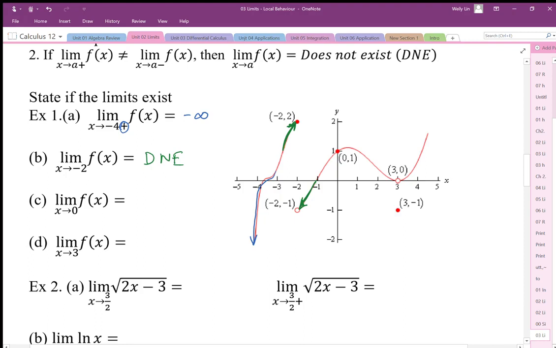At x equals 0, we can say that it's going to this point. In fact, it's continuous because there's a point there. So continuity has something to do with these limits existing. As x goes to 0, it equals 1. Just because the limit exists doesn't mean it's continuous, because it could still be a hole.